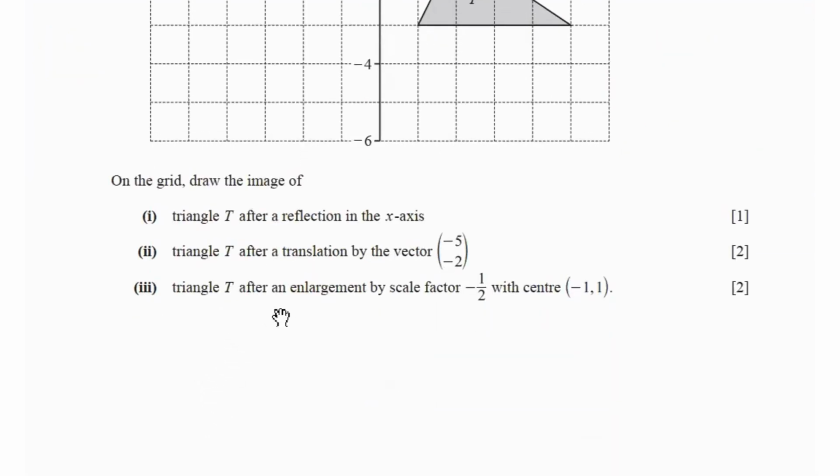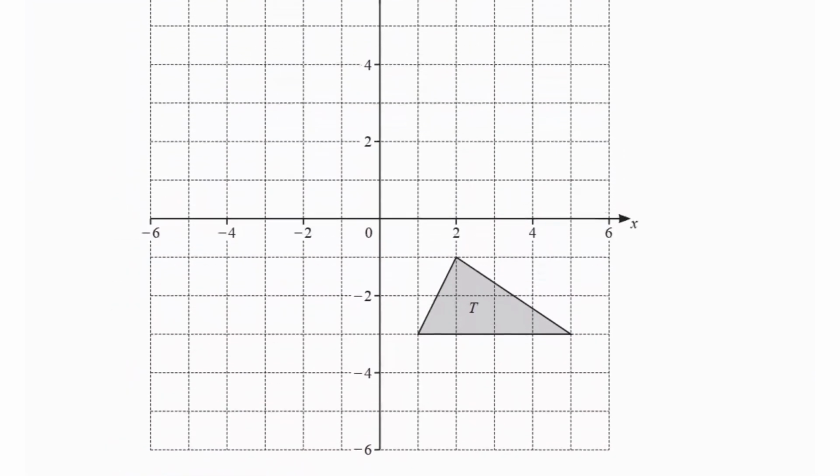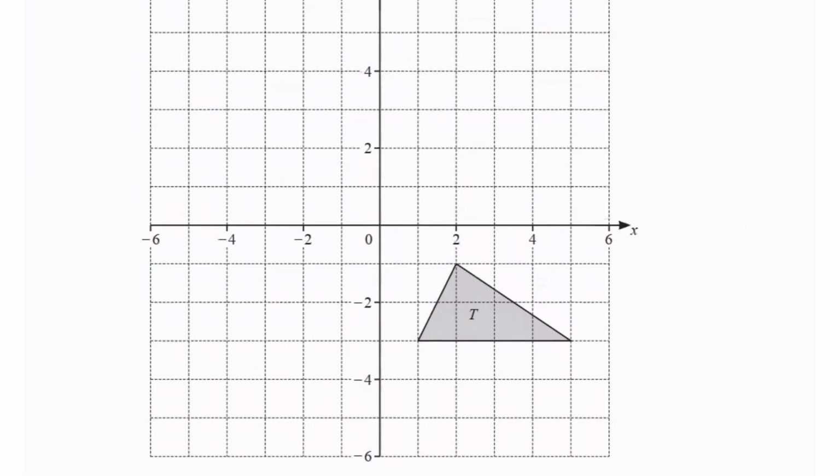Then it says triangle T after an enlargement by scale factor of -1/2 with center -1, 1. Center is -1, 1, and scale factor is -1/2. So what's going to happen now is we're going to compare the distance of each of these points from the center of enlargement.